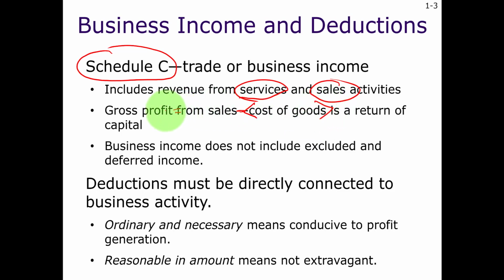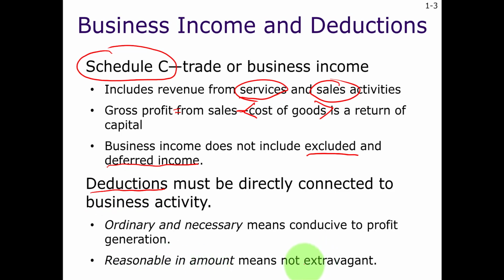That now is part of this total revenue right here. We're going to see that most times income is going to be taxable. You cannot exclude it unless there's an exception, or you cannot postpone reporting it to a future year unless you meet an exception.